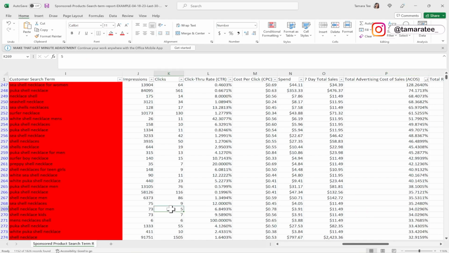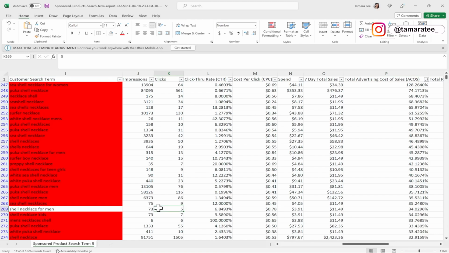But if I only have 5 clicks, I may want to run this a little longer, right? Because what if this ACoS starts to come down during the 6th, 7th, or 8th click? So if it's very close to your profit margin percent, I would just forgive this keyword and have it run a little longer, up to about 10 clicks, to decide whether or not I want to put this keyword into the negative.